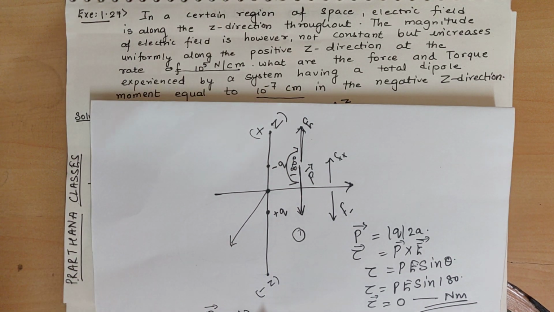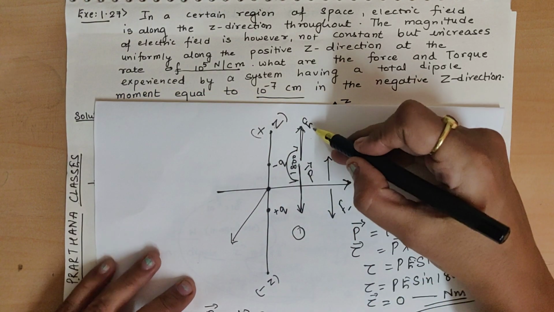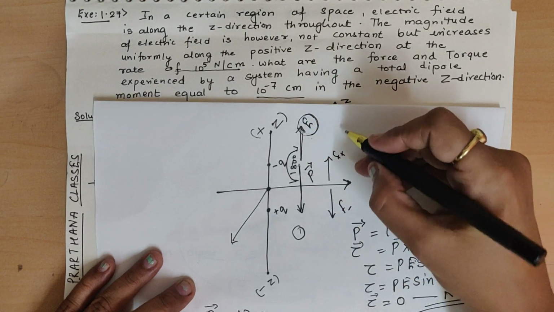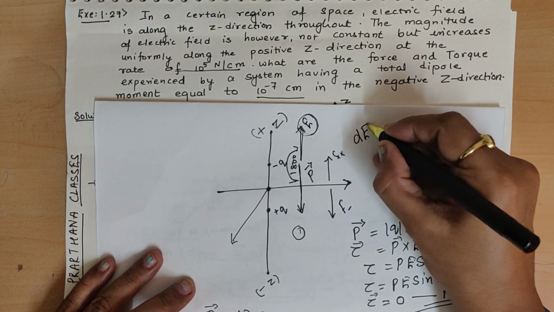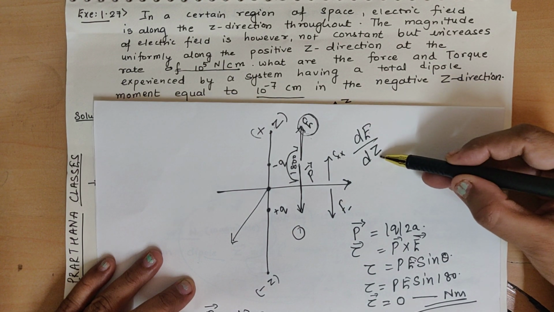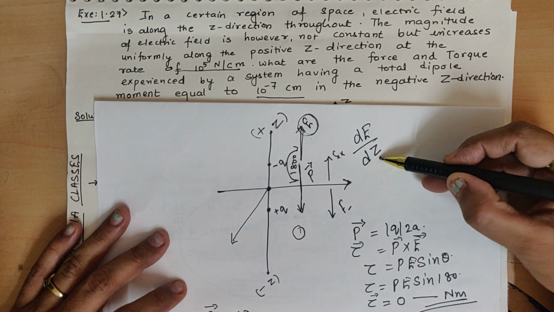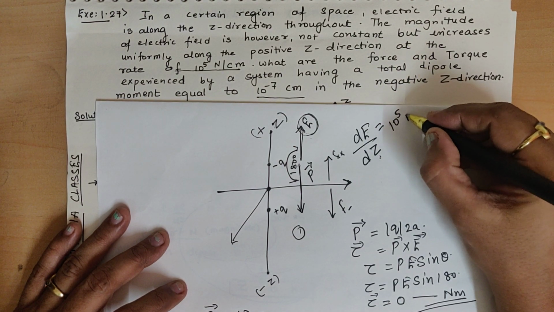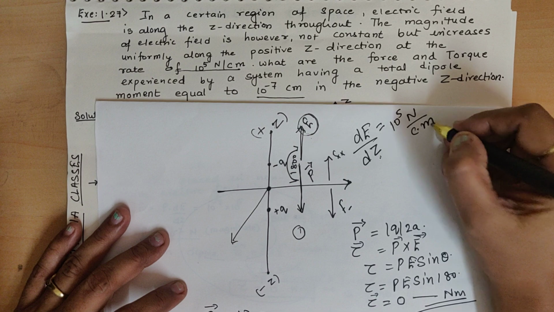Please understand this. You know that the electric field is changing continuously in the positive z direction, means dE upon dZ is given to us, that is the field is changing with respect to the distance along which axis? Z axis. And this value is given to us, 10 raised to 5 Newton per coulomb into meter.